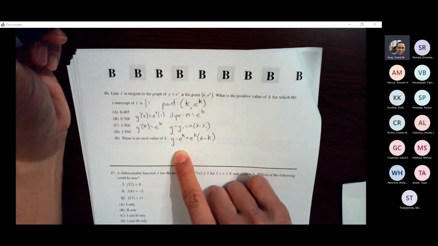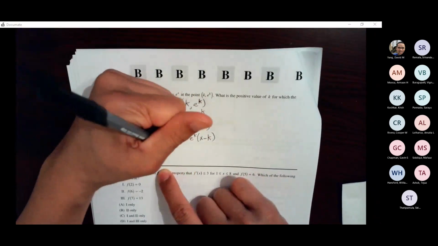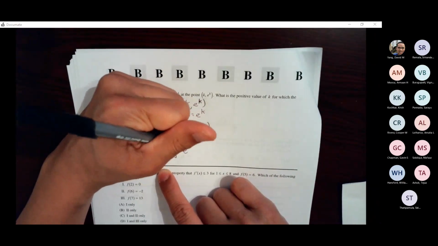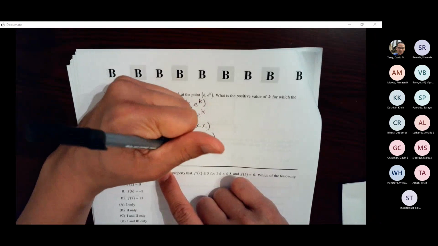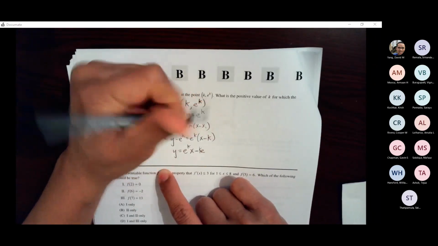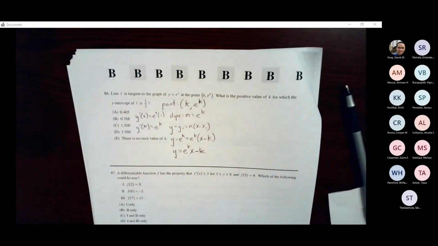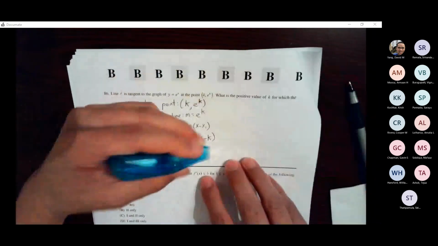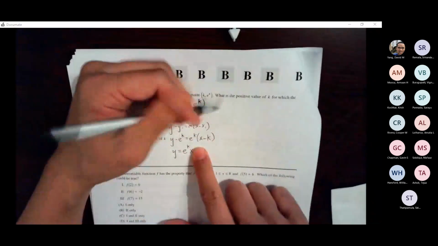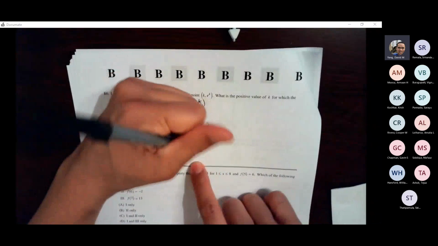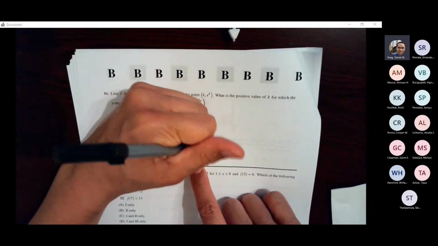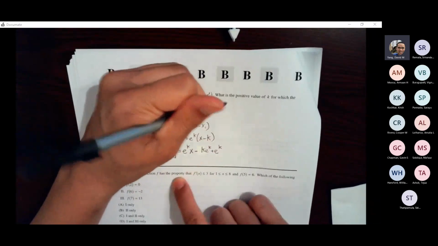Okay, solve for y. Distribute this through here: k e to the k plus e to the k.